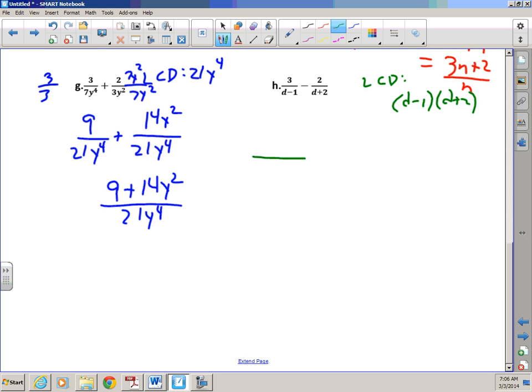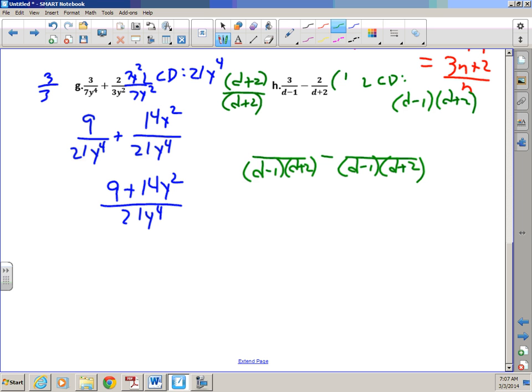So each denominator is going to have d minus 1 and d plus 2 in it, which means the first one I need to multiply by d plus 2, and the second one I have to multiply by d minus 1. Okay. Now, I do want to distribute so that I get 3d plus 6 and 2d minus 2.